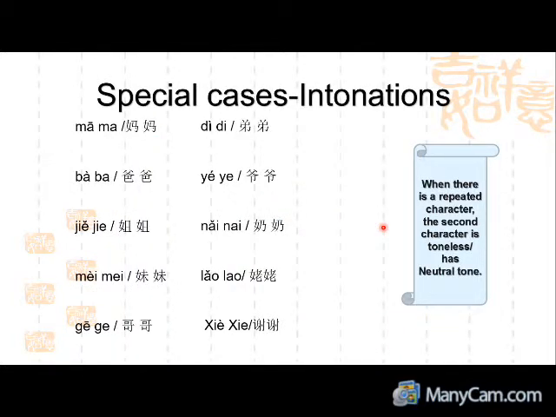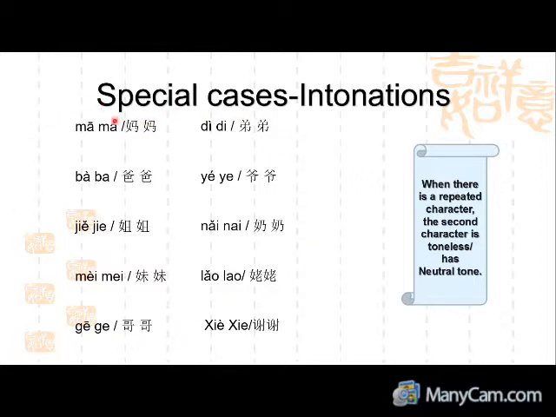Okay, the next part is the special cases. Again, I've put intonation here as well. These are just a combination of 10 of 20, actually we have at least 20. Mostly you can see 9 of them are special ones because they are family members, and we're going to look at them.